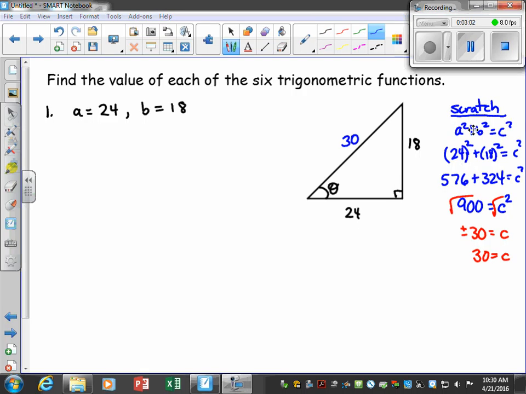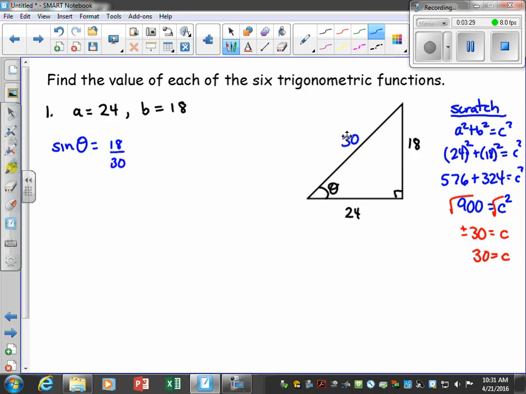Okay, if you want to check your scratch work over here, we found our missing side C to be 30. The first one we're going to start with is calculating sine of theta. Sine of theta is defined to be the opposite over the hypotenuse, so that would just be 18 over 30.